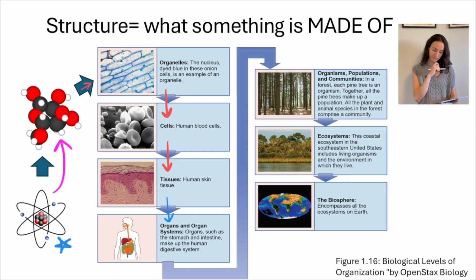Now, all of those organs come together and create an organism, which some of us have heard that word before, but sometimes you realize, oh, an organism is made up of organs. It kind of makes sense. They all come together and you start to get onto even larger and larger scales.